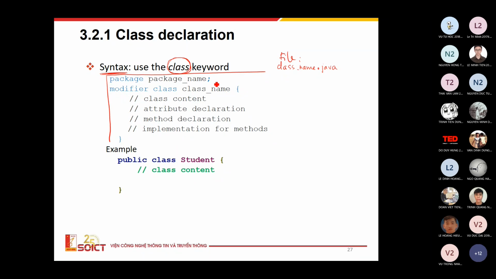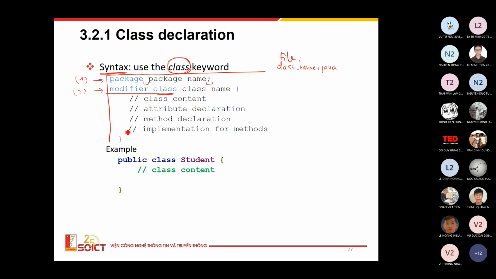What will be written here? Firstly, you write down the package name, where the folder this class belongs to. The first line, you write the package name with the syntax: package, space, then the package name, and then the semicolon. Okay. In the second line, you will declare this class.